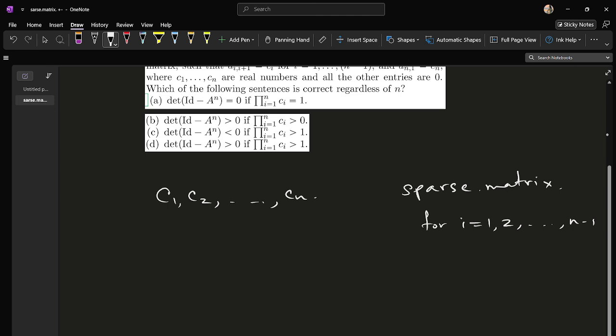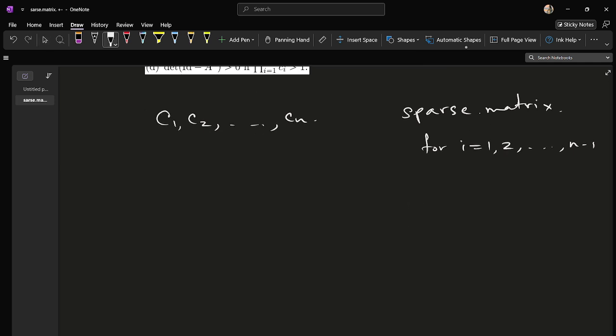Now the eigenvalues of A are determined by the characteristic polynomial, and they depend on the product of ci for i equals 1 to n. Our A to the power n wraps around n times to cycle back to the original position.